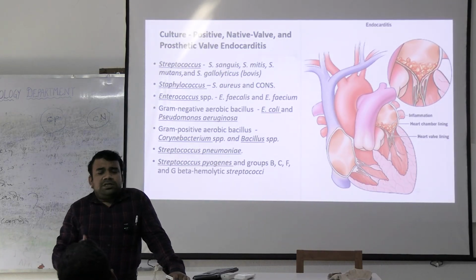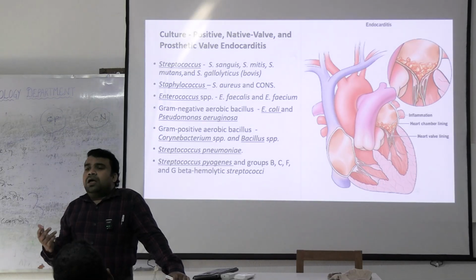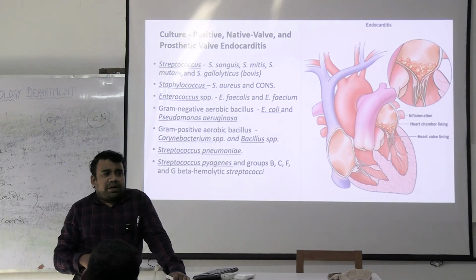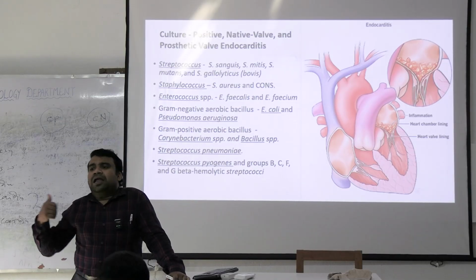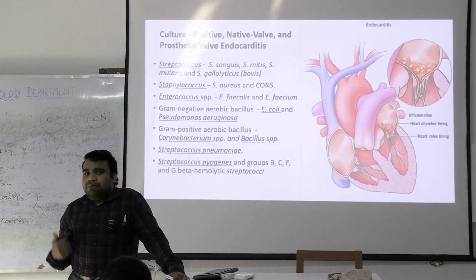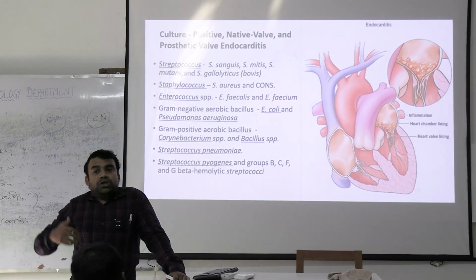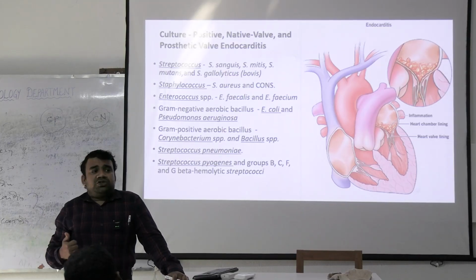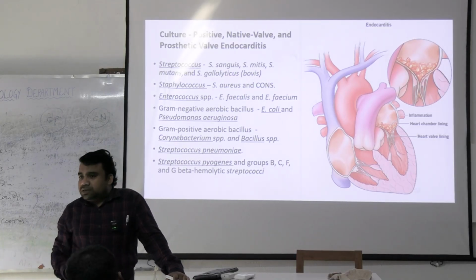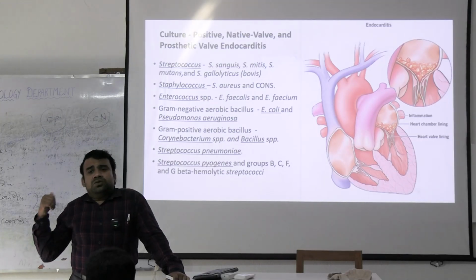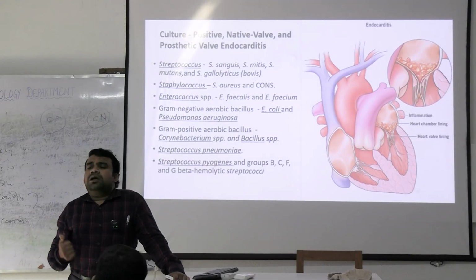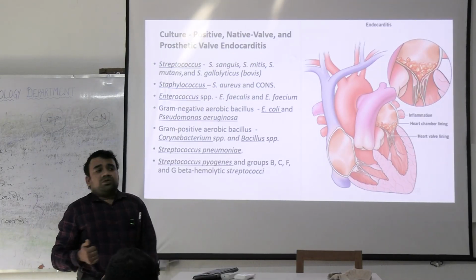Later on, it was seen there were some bacteria which were causing endocarditis, but we were not able to retrieve them in the laboratory by culture methods. Those were defined as the causes of culture negative endocarditis. Similarly, culture positive means those organisms which can be isolated easily. So, which are the organisms?